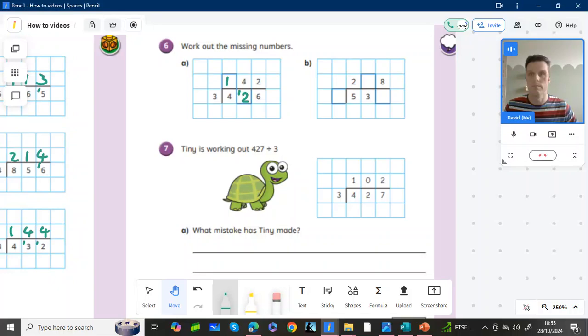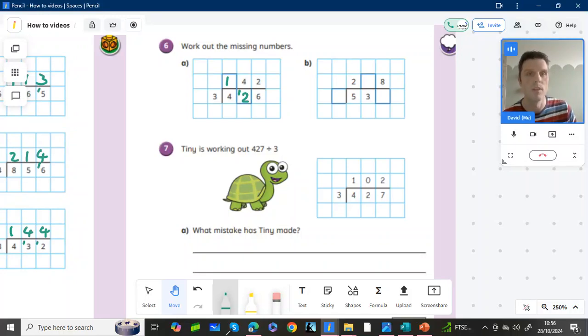Okay, so question 6 now. So we've already done A. B, as you can see here, there's a number, well, they haven't shown the exchanges. Okay, so I'm going to practice.